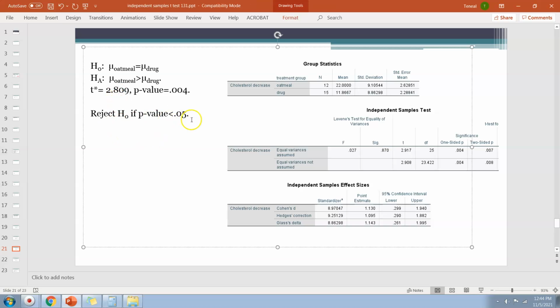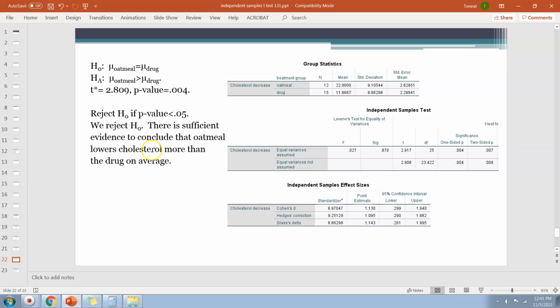But regardless, we're going to reject H0 if the p-value is less than 0.05 because we're testing at the 0.05 level. This p-value is less than 0.05. So we are going to reject H0, which tells us that there is sufficient evidence to conclude that oatmeal is going to have better results than this statin drug on average.